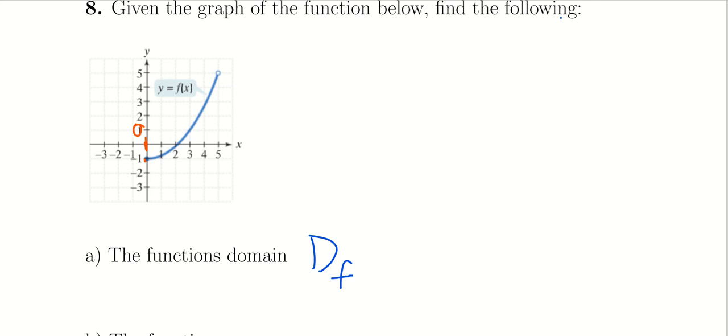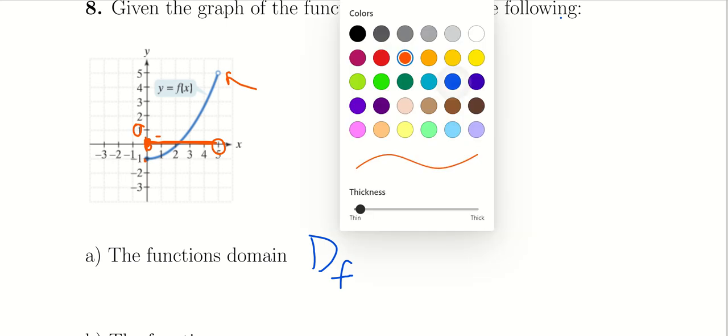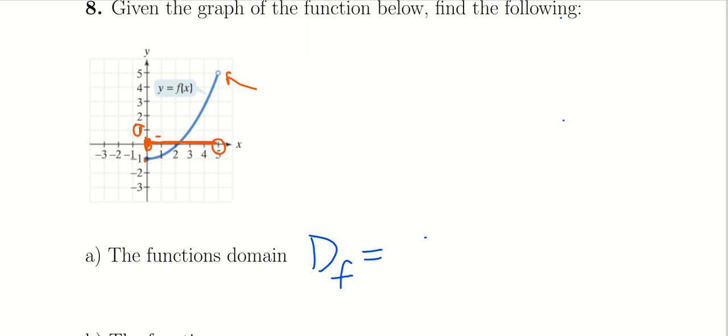It goes as far to the right as this point, which is at x equals 5, but notice that that's an open circle. So that point is not included, but we would have an x value anywhere in between those two. So the domain, again, coming from the x-axis, is going to be equal to the set 0 included up to, but not including 5.